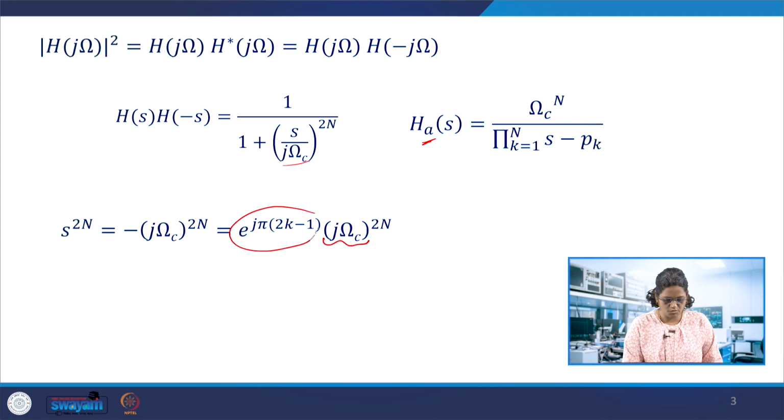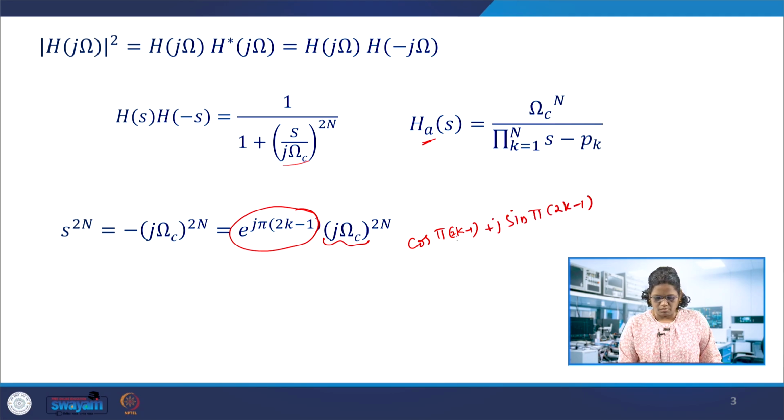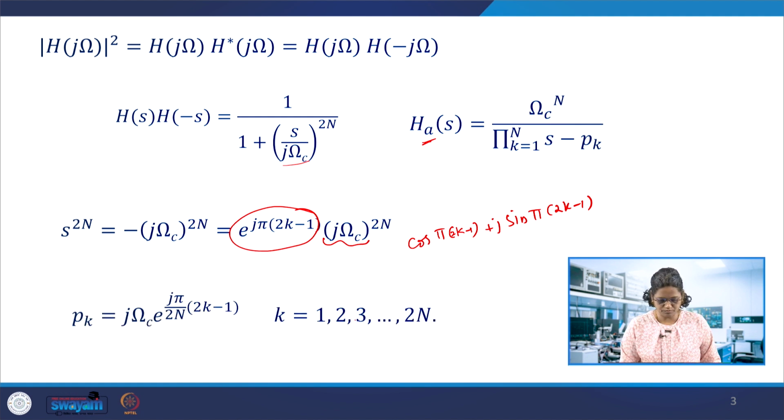This can be written as cos of pi (2k minus 1) plus j sine of pi (2k minus 1), where k varies from 1 to 2n.